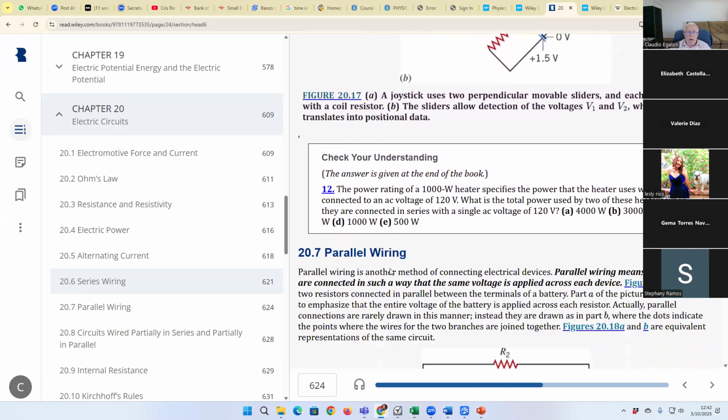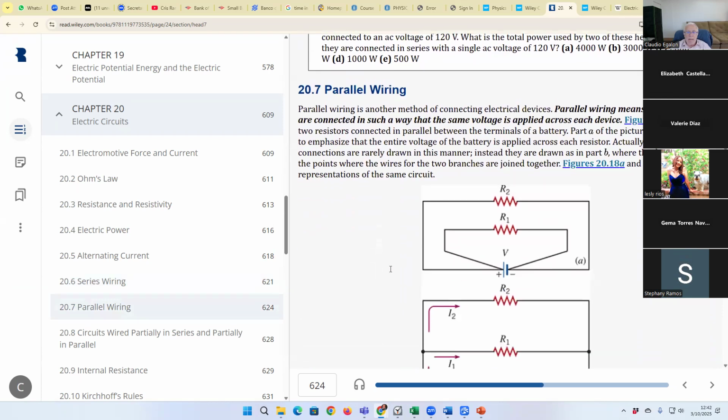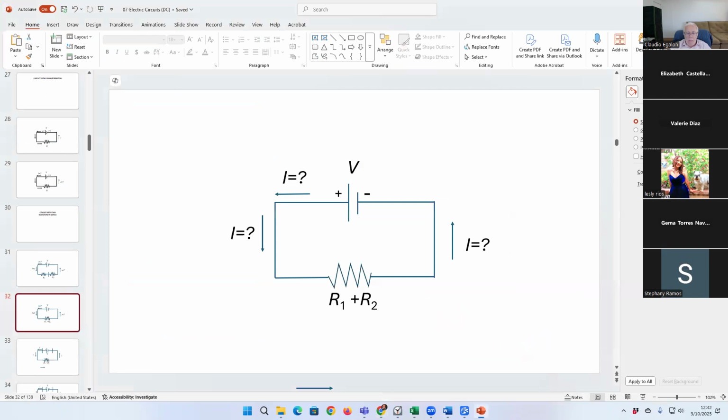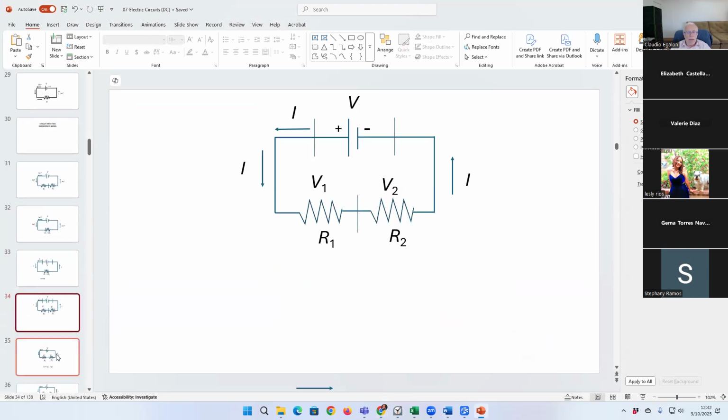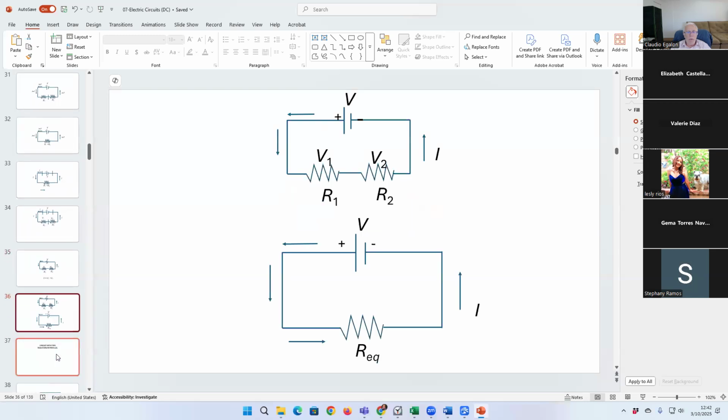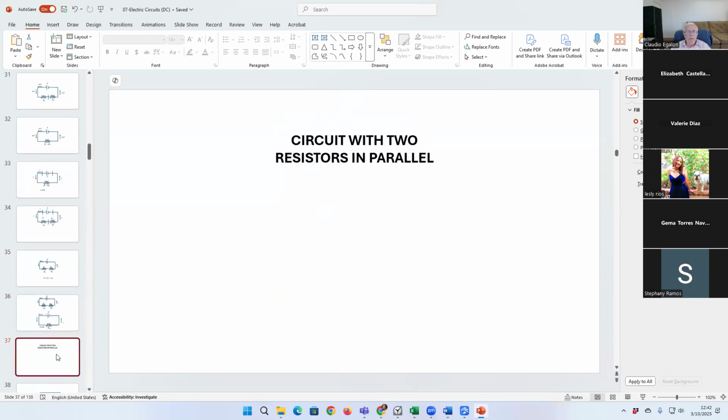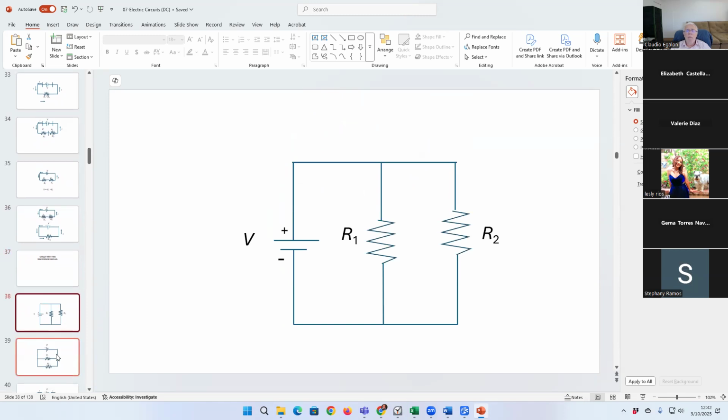Let's show you how parallel wiring works. Circuits with 2 resistors in parallel. Here you go. That's a circuit with 2 resistors in parallel.